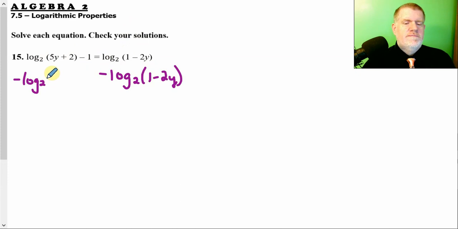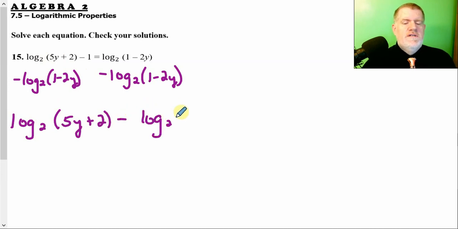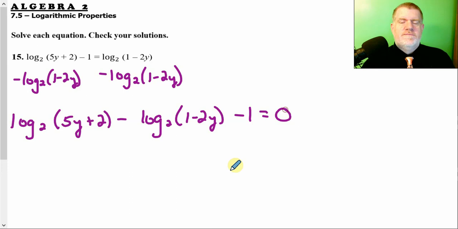Now these are not like terms, so I can't just put them together. If I'm going to write them, log base 2, 5y plus 2 minus log base 2, 1 minus 2y minus 1. And since I subtract this from itself, I get 0.